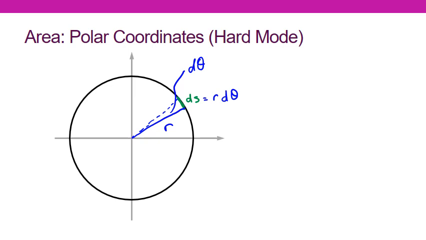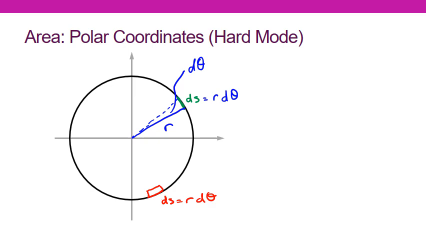So this time, all I'm going to do is take that one length. What if I chop my area up into pieces that are little angles or little arc lengths, but with some thickness now? So the one side I already know, it's ds, and that is r d theta.